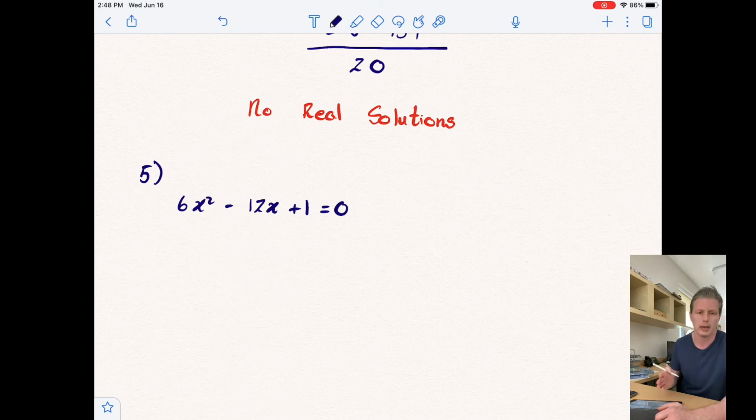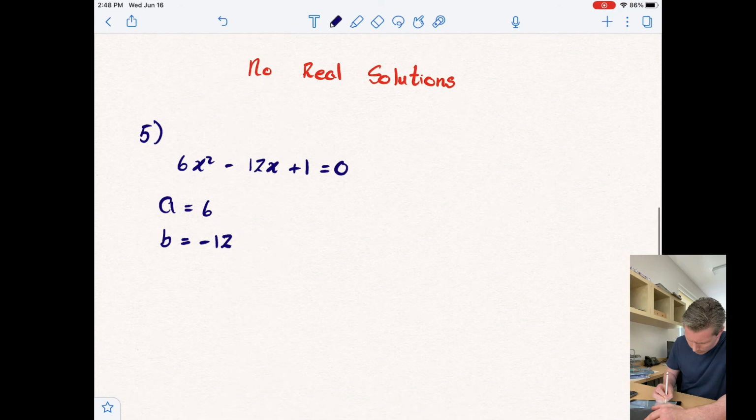So again, can't state enough. It's very important that you notice straight away that you're in the form ax squared plus bx plus c, and if you're not, that you make sure that you put your equation in that form to start. All right, so my a then is 6, my b is negative 12, and my c is positive 1.